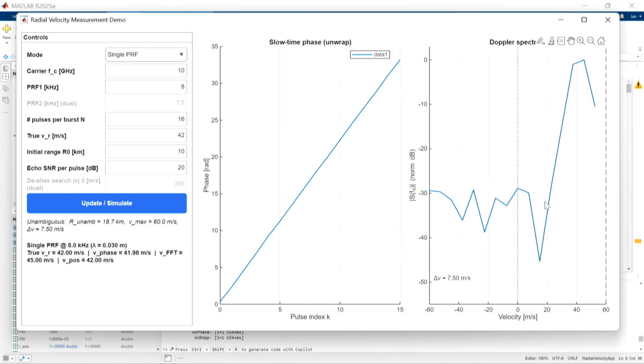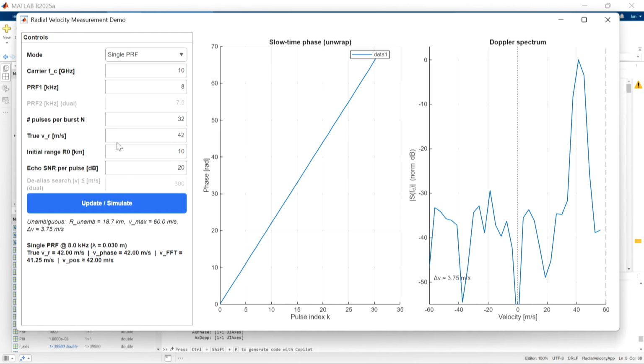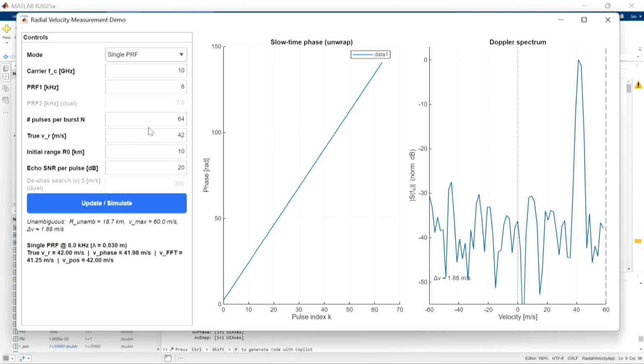So my velocity recognition is not good, it is not nice, because if I put 32, of course you can, I always use a multiplication of 2 because of the computation of FFT, it is my habit only, you can put any number that you want.